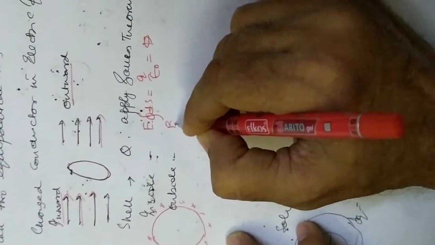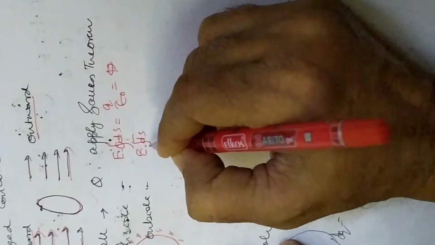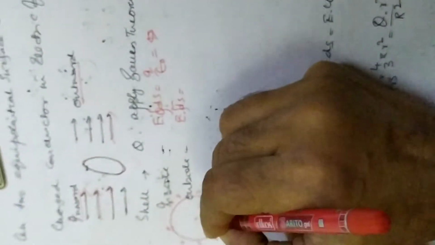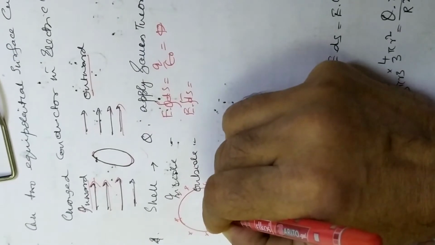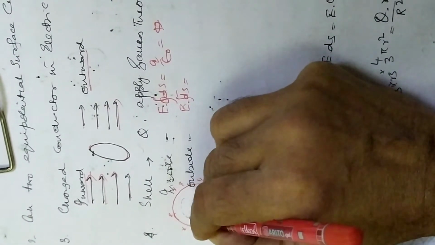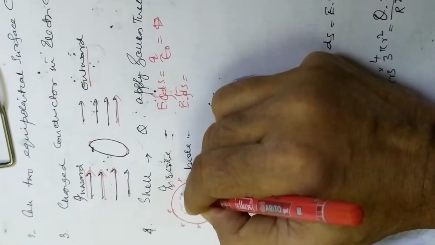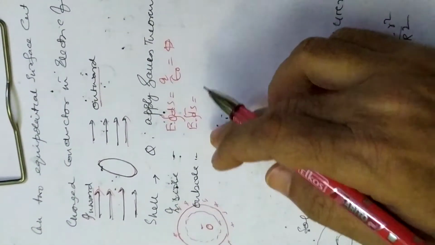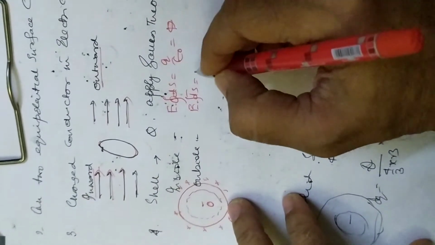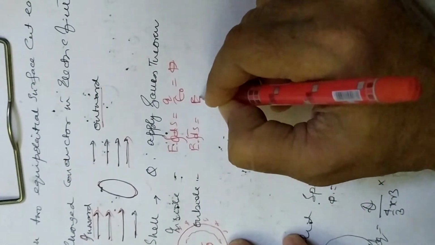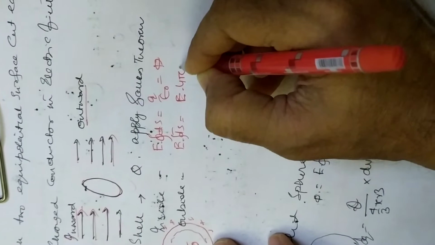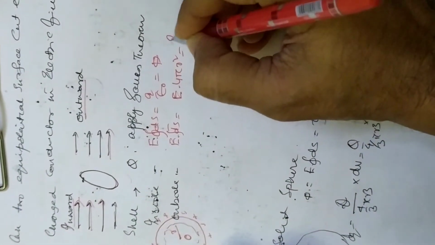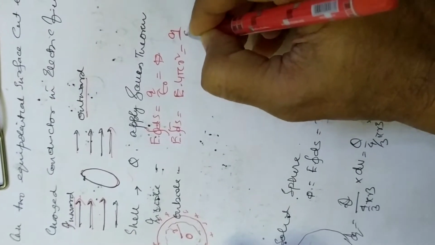Now E dot ds we will write in this way, inside. Suppose this is O, the center of the sphere, and we take a surface area inside it. We always take the surface area as integral ds. So we write E into the surface area 4 pi r square. Suppose this is at a distance r, and this is equal to q by epsilon.